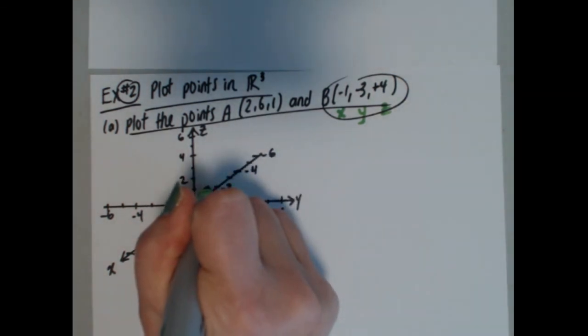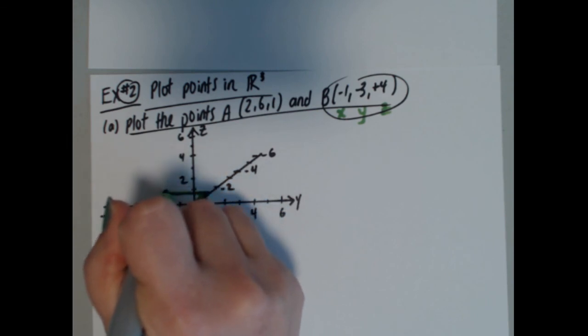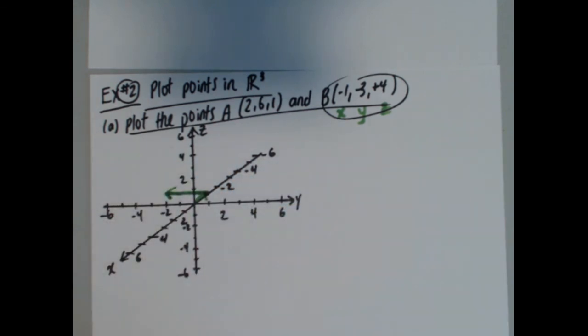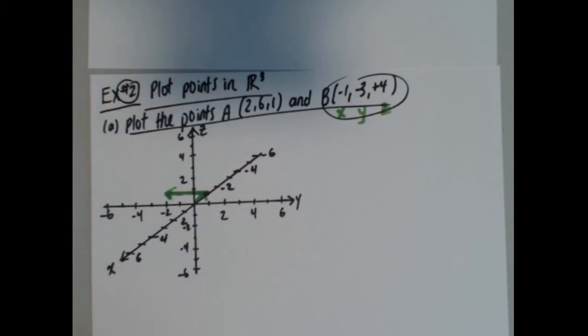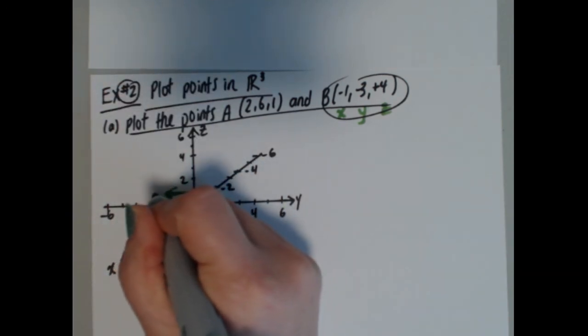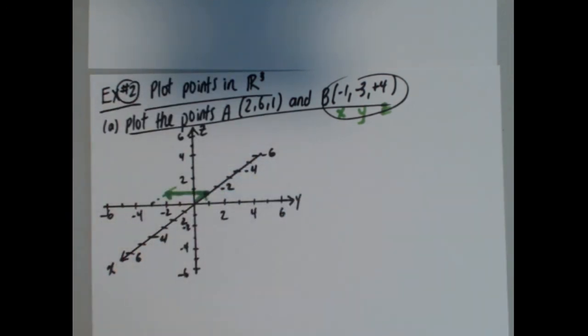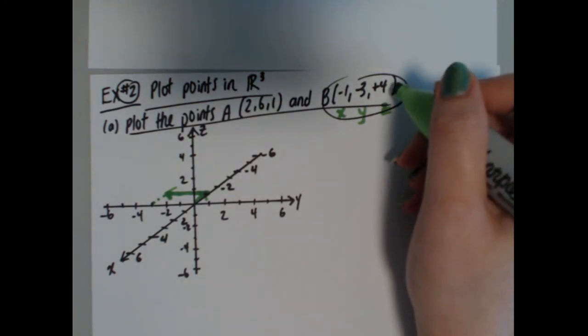So it's going to look something like this. Remember, I'm not drawing it all the way to -3 because I'm starting from here. So my grid lines, if you can imagine, they're going like this. Okay, so that means what I would have here is almost like a rectangle drawn there on the XY plane. Now I have to go 4 units up.